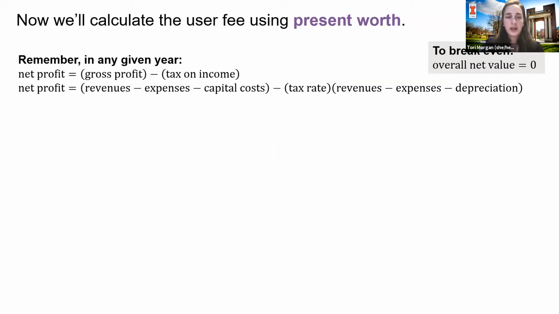Now we'll see how to calculate the user fee using present worth. The first thing we want to do is calculate the net profit, which, remember, is the gross profit minus tax on income. To expand it further, it's revenues minus expenses minus capital costs, subtracted by the product of the tax rate times revenues minus expenses minus depreciation.